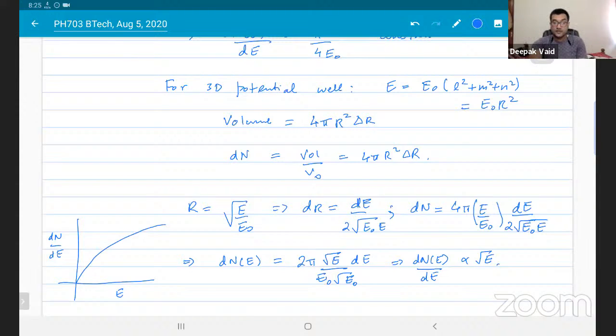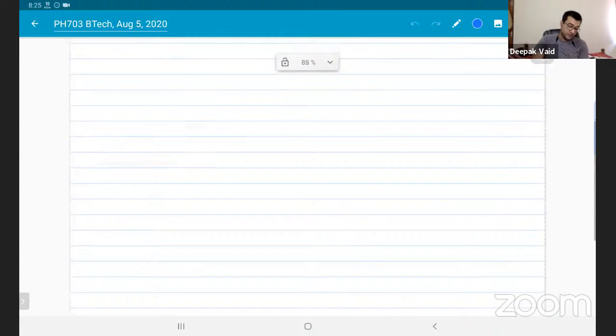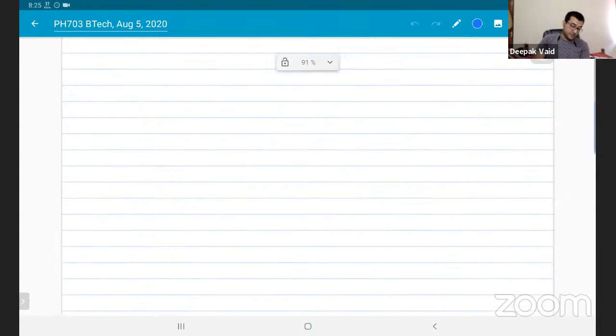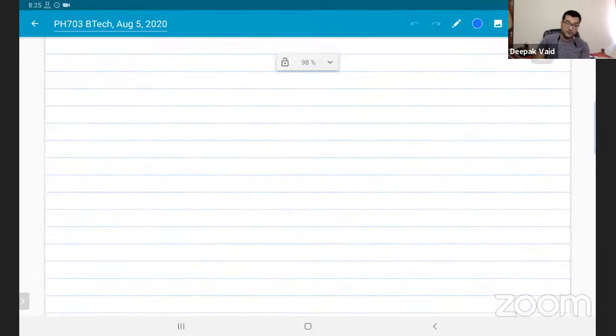All right, and again, this is something that is very important whenever you do any kind of statistical mechanics or thermal or statistical properties of substances. Okay.